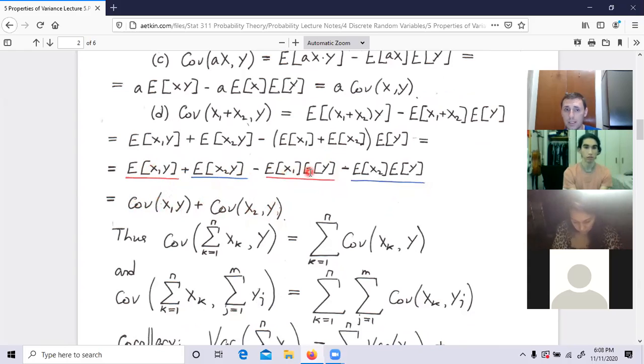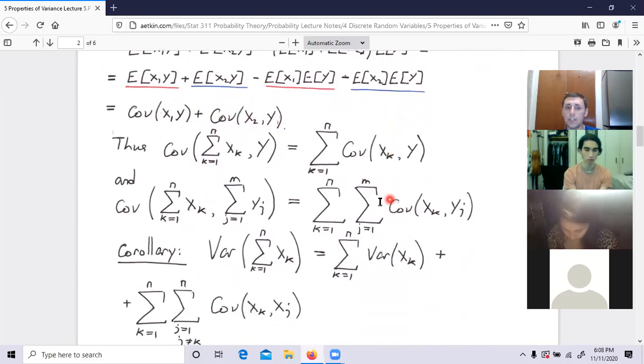So you can see the red forms covariance x1y, blue forms covariance x2y. And that means in general, covariance of a sum in one coordinate is pretty much the sum of covariances where I fix the xk.